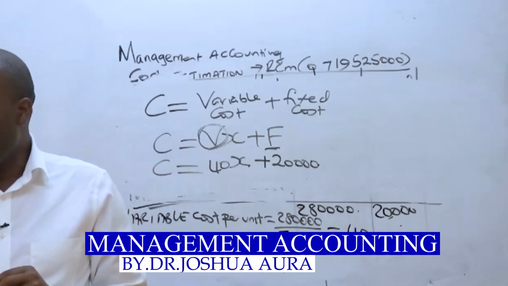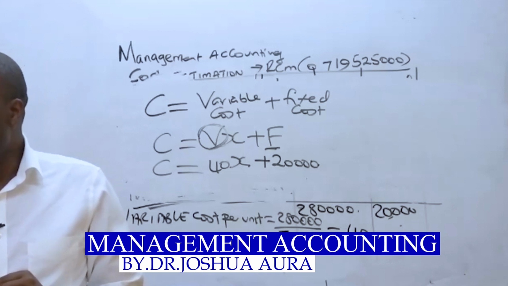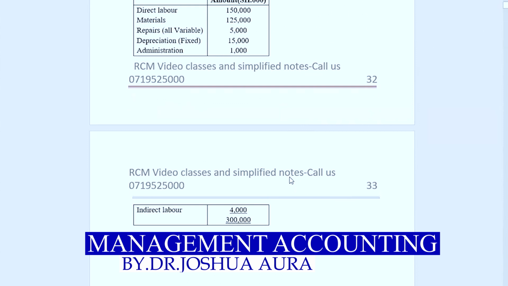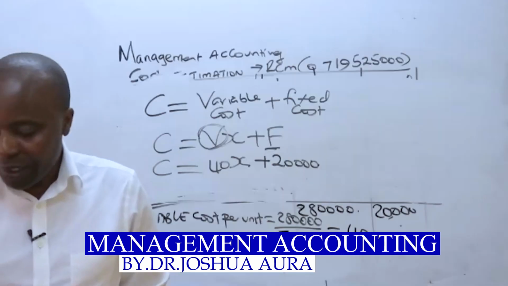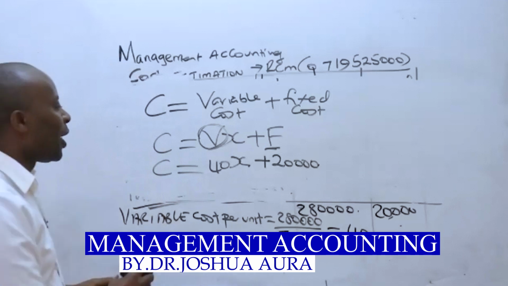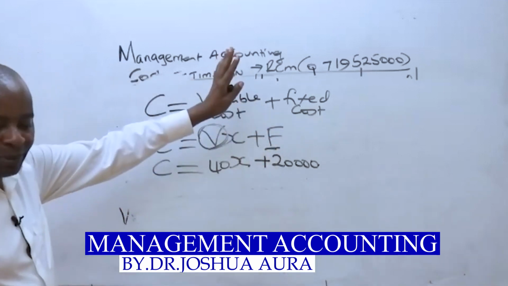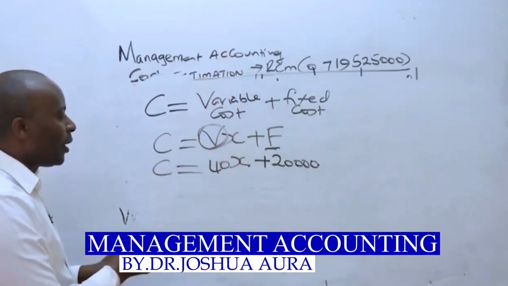Ladies and gentlemen, what I need to do is check what they want us to estimate. They wanted us to use the cost equation that we have to estimate the cost of producing 9,000 units. Remember, please, fixed cost is always independent.